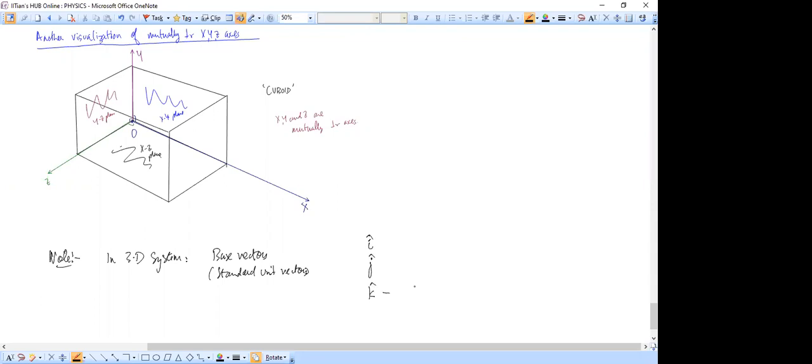This is the unit vector along the z axis, just like this is the unit vector along the x axis. So there are now three base unit vectors.